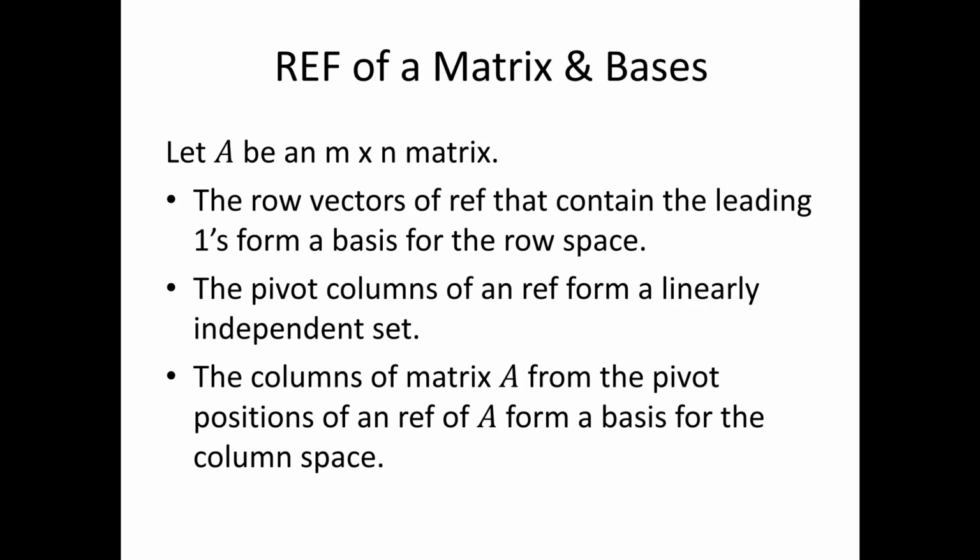Then for the original matrix A, you can take exactly the same column 1 and column 3. Those two are going to form a linearly independent set. In fact, those two are going to form a basis for the column space of A.